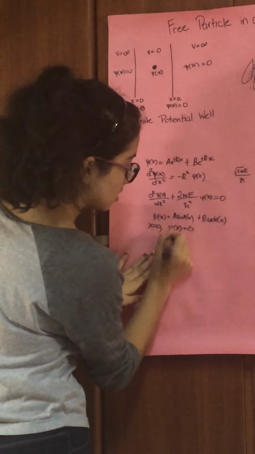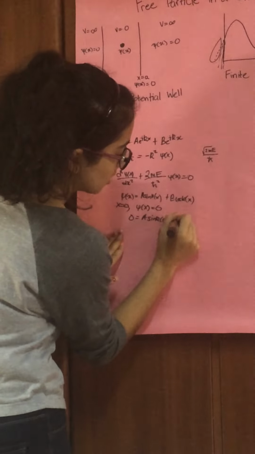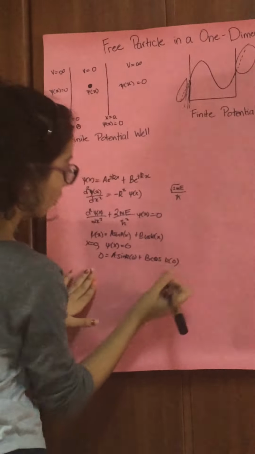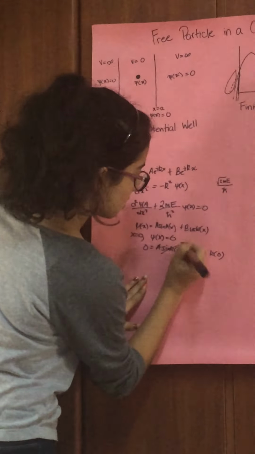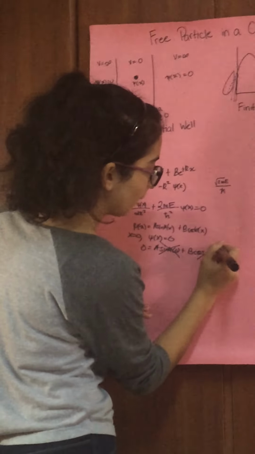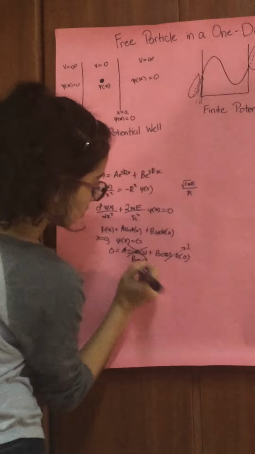So that gives us 0 equals a sine k into 0 plus b cos k into 0. Now we know that sine of 0 is 0, so that value cancels out, and cos of 0 is 1, so from that we get b equals 0.